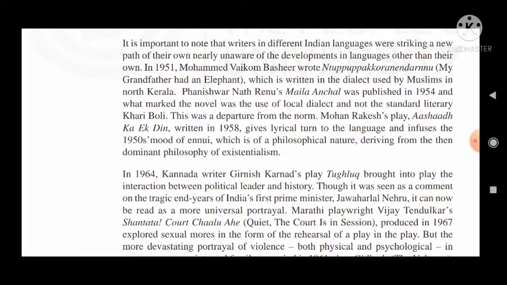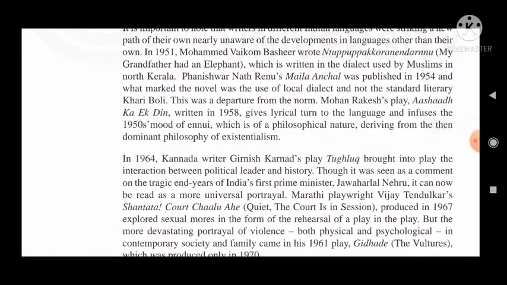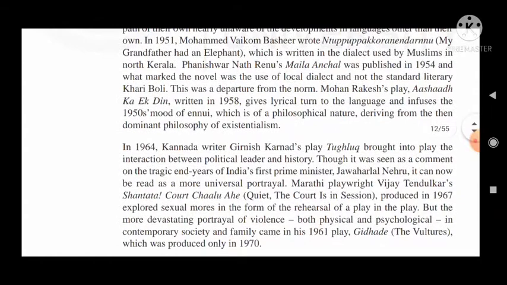Here it is a very big name. You just split the name and again produce the whole name: Nittuppuppakkoranendarunnu, my grandfather had an elephant, which is written in the dialect used by Muslims in North Kerala.